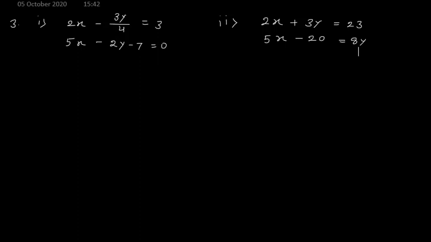Then I will get the x value as 2y plus 7 divided by 5, and then I will put that value of x in equation 1, which is 2x minus 3y divided by 4 equal to 3, and I will simplify it. And the second question, 2x plus 3y is 23. So the value of 2x is 23 minus 3y, and x will be 23 minus 3y whole divided by 2, and that value I will put in the second equation.